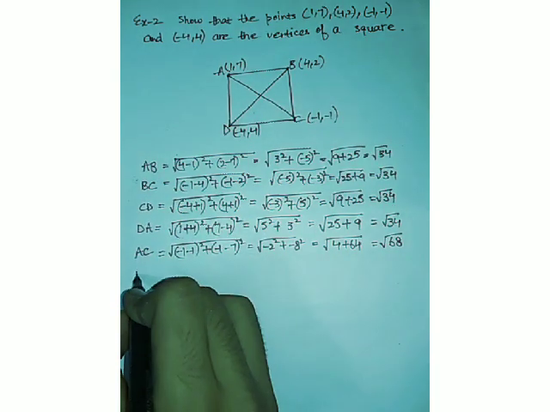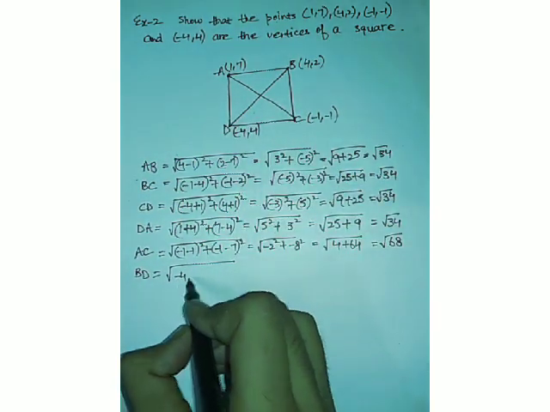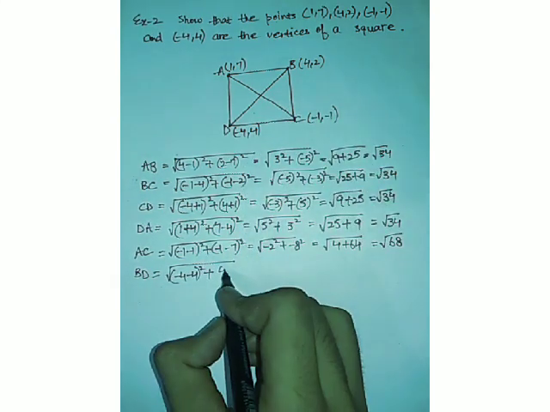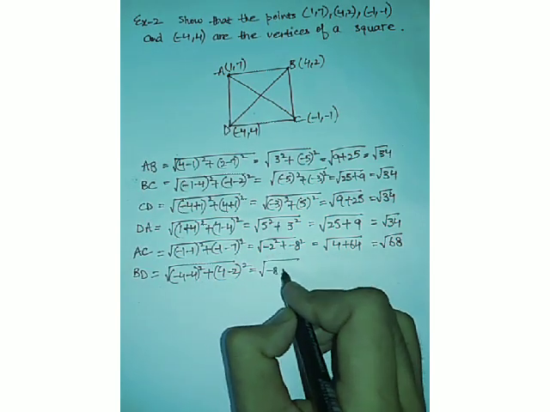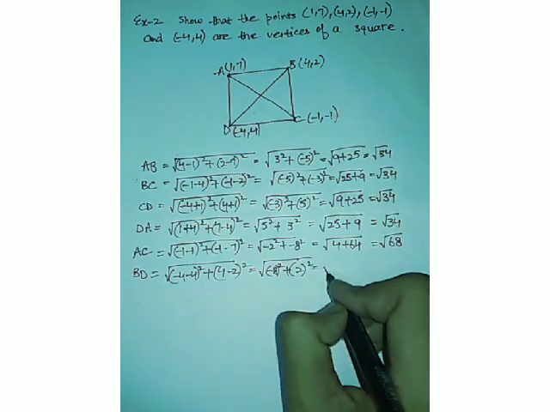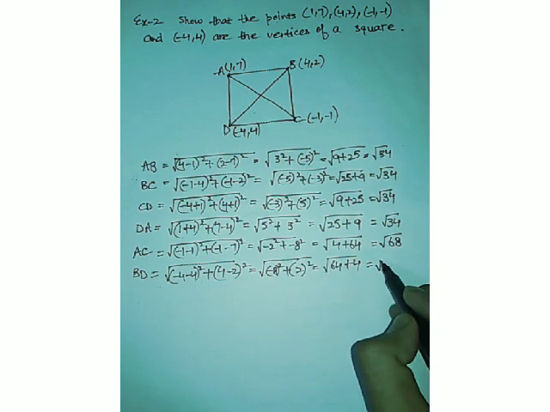Now only BD remains, so BD will be equal to root of minus 4 square plus 4 minus 2 square. What will you get? Minus 8 square plus 2 square. You will get root 64 plus 4. Ultimately you will get root 68.